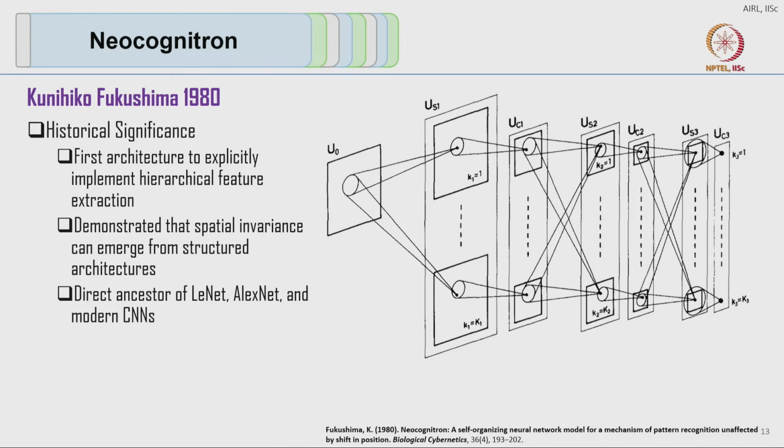So this limitation led to the first architecture called Neocognitron. Okay, this has a historical significance. It's the first architecture explicitly implemented for extracting hierarchical features, right? They demonstrated that this particular architecture is spatially invariant, and that the feature can emerge from the structure of the architecture.